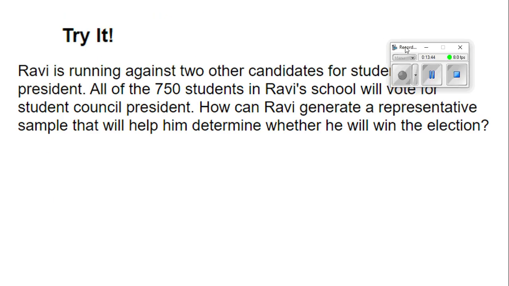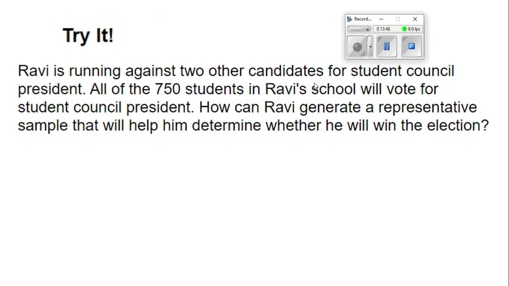Let's try this one. It says here, Ravi is running against 2 other candidates for student council president. All of the 750 students in Ravi's school will vote for student council president. How can Ravi generate a representative sample that will help him determine whether he will win the election?